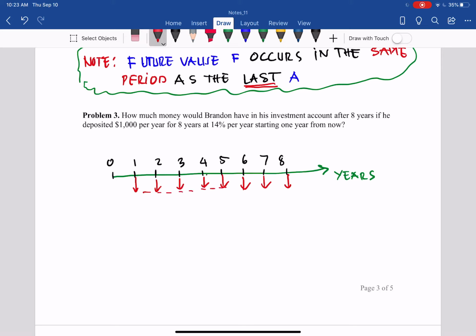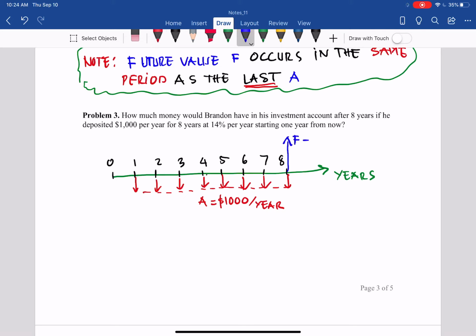A deposit of uniform amount A equals 1,000 per year. How much money does Brandon have in his investment account after 8 years? So that will be after 8 years.